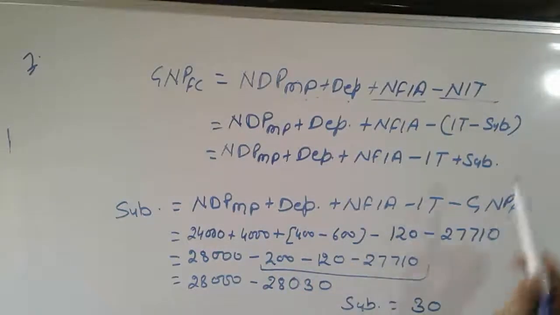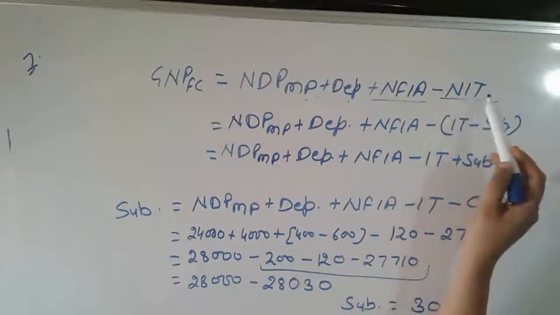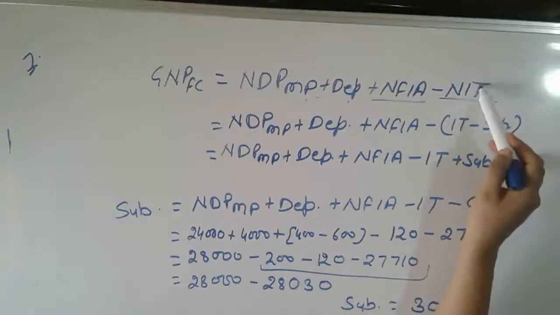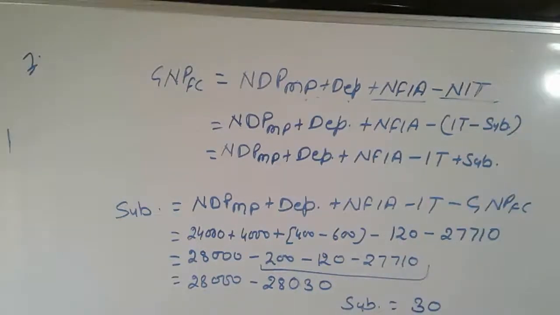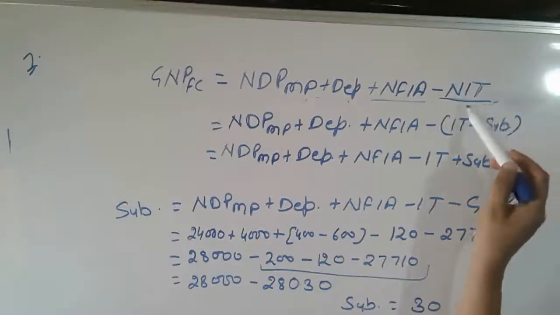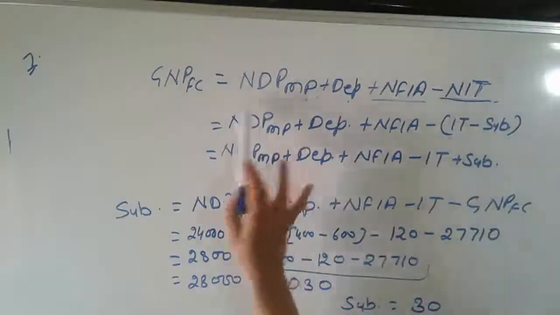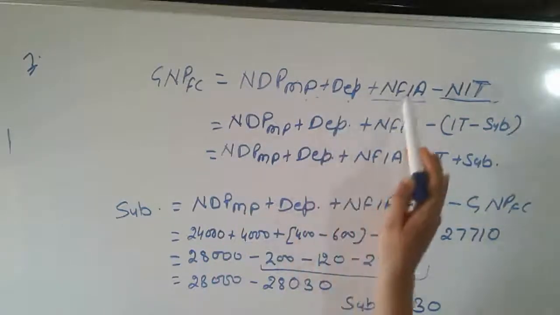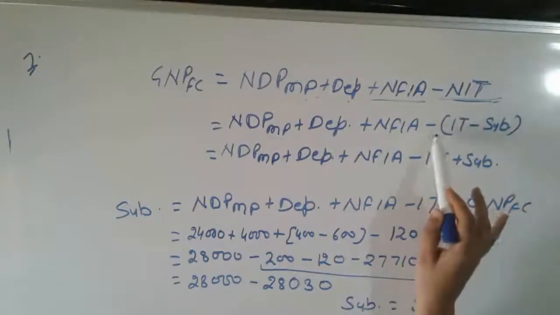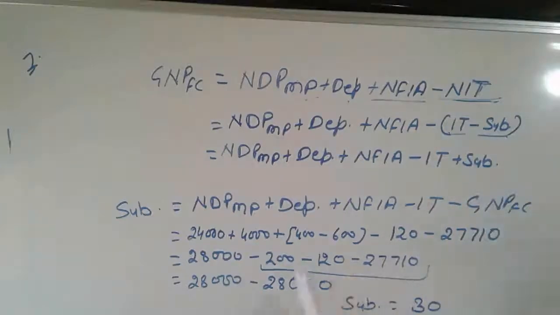But we know that we have to calculate the subsidy, and the subsidy comes in the formula of NIT, right? So we will first write the NIT formula. NDP at MP plus depreciation plus NFIA, and we will expand the formula of NIT as indirect tax minus subsidy.